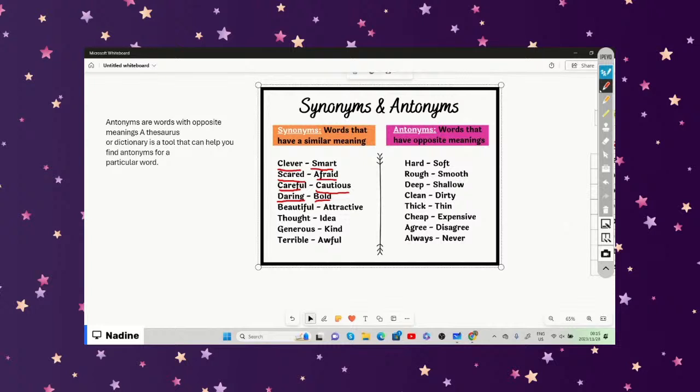It's like somebody would say that... what is the word? I'll come back to the word, but you are daring or you are bold. Then we have somebody that's beautiful or attractive or pretty, which basically gives us the same meaning.